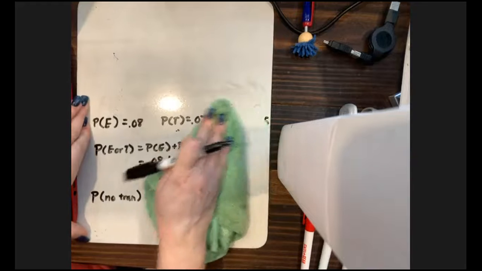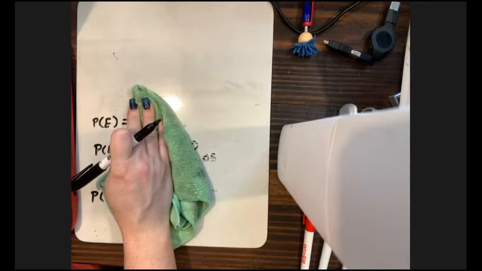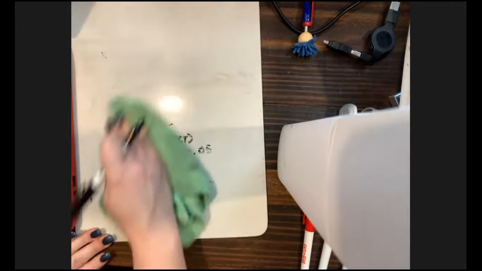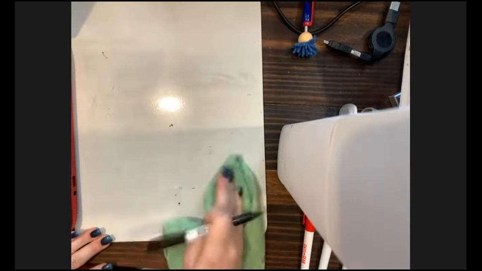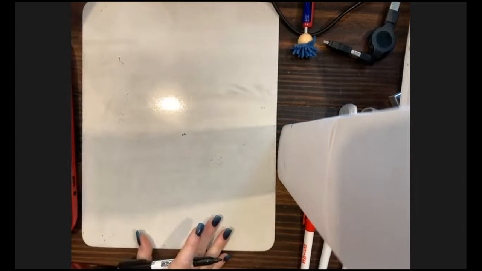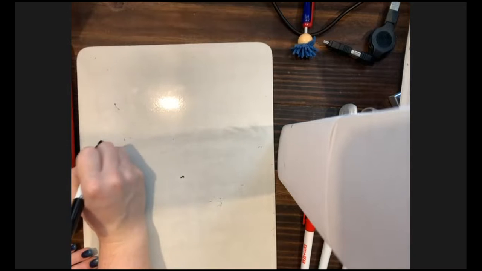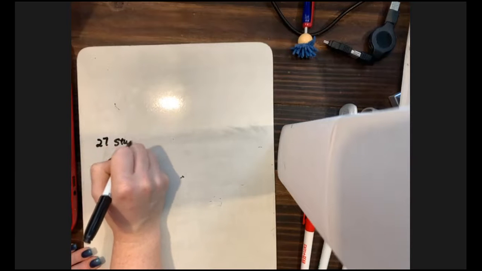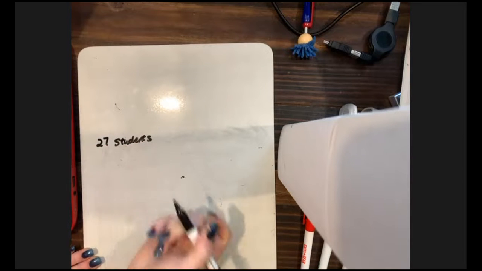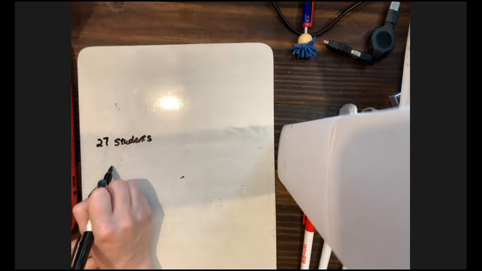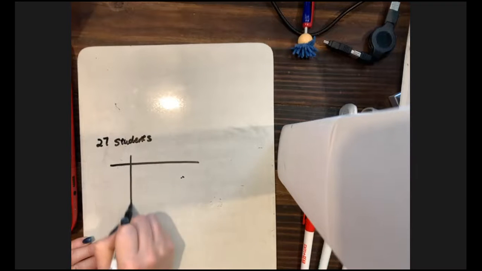Okay, so we'll look at another example here. There are 27 students. I'm going to set up our chart here.